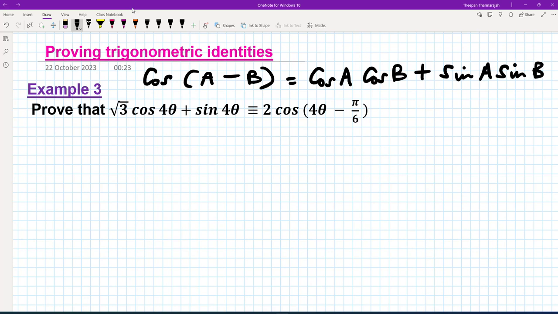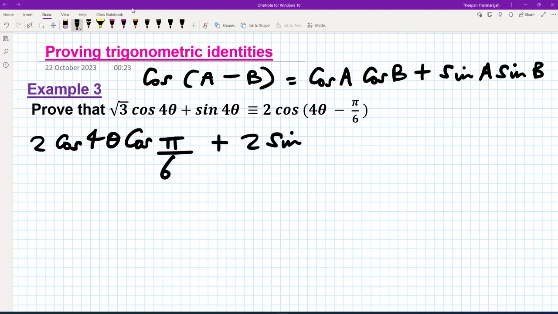So what that means is that we could write the following as 2 cos 4 theta cos pi over 6 plus 2 sine 4 theta sine pi over 6.